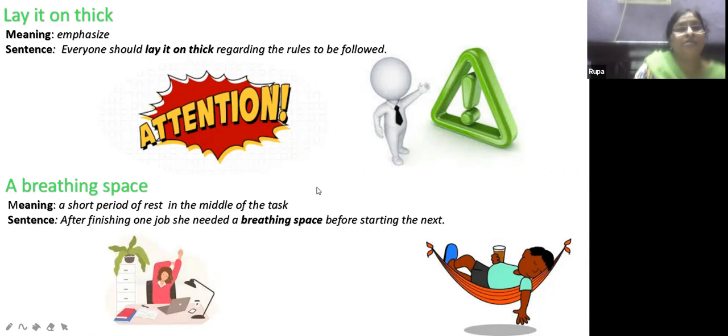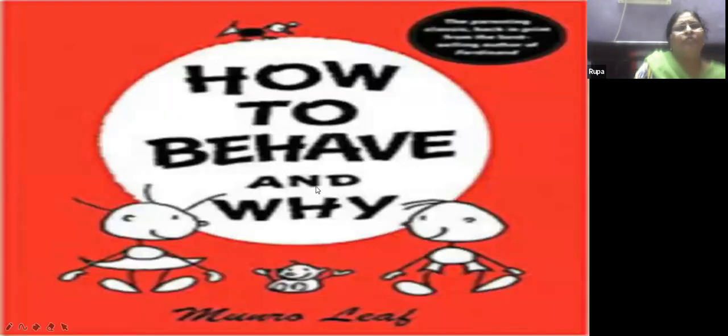Now, in sections 1, 2 and 3, what is mainly being talked about is behavior. Why? Because this matters a lot. It tells what kind of a person you are.